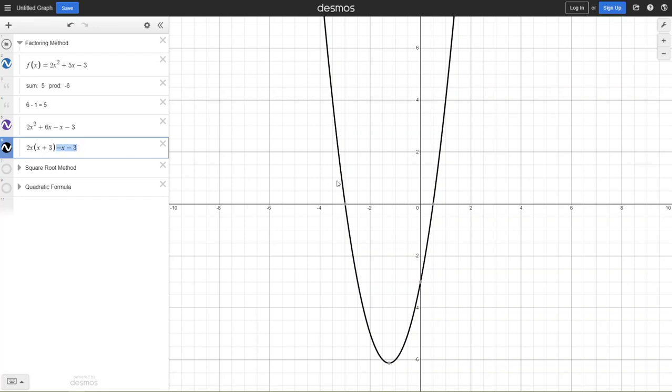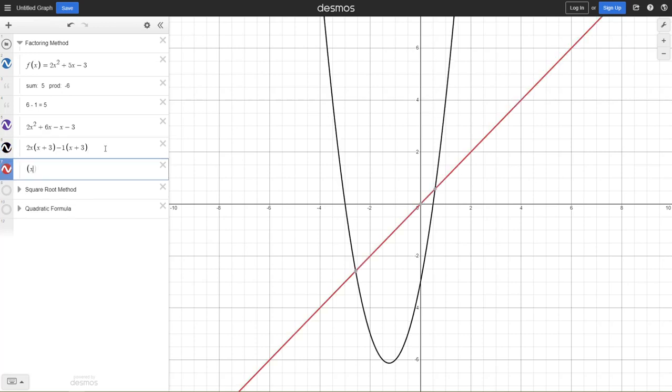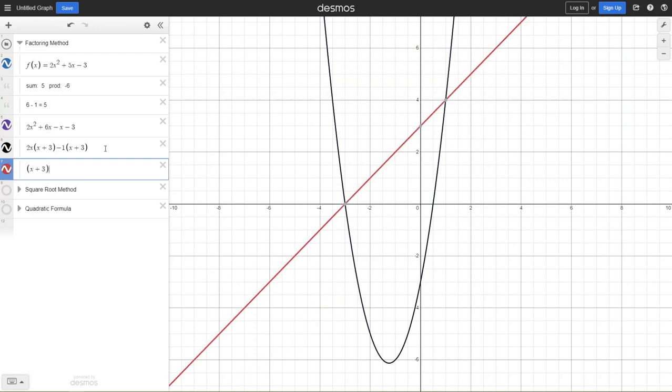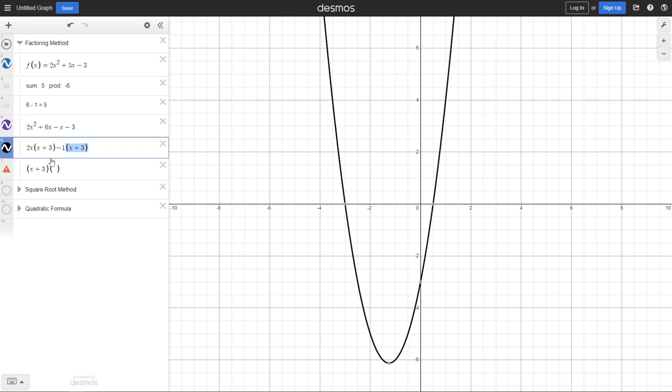Now this piece. When I factor that piece, I'm going to notice that they have a -1 in common, so I'm going to take -1 out, and if I divide that out, I'll have an x +3. Okay, so we're still in the midst of the factoring process, not fully factored yet, but I can see that the x +3 is the binomial in common, and once I factor that binomial out of both of these, what would be left would be the 2x minus 1.